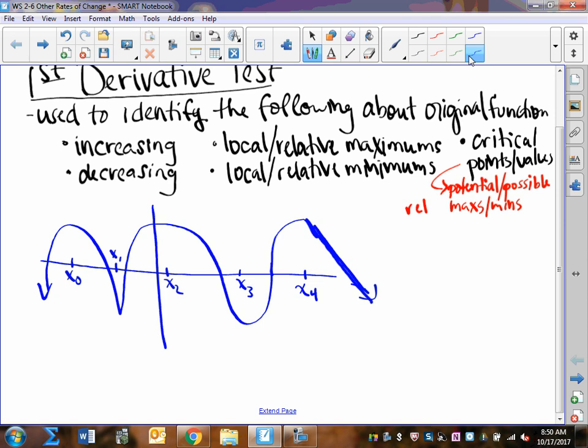A lot's happening here. From here, we're going to identify our local maxes and mins and some interesting characteristics about those. This is my original graph. Sometimes they give you the original, sometimes they give you the derivative graph, so it's really important you keep in mind which piece you're working with.